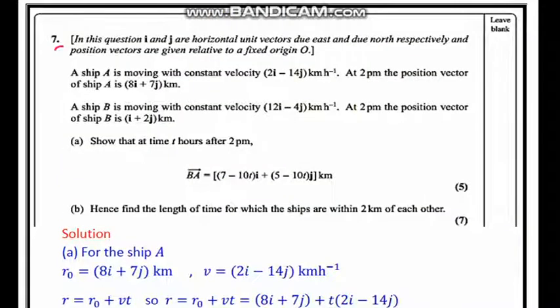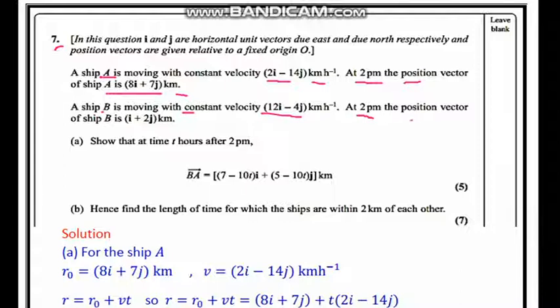Question 7. A ship A is moving with a constant velocity 2i minus 14j km per hour. At 2 PM, the position vector of ship A is 8i plus 7j km. Another ship B is moving with a constant velocity 12i minus 4j km per hour.